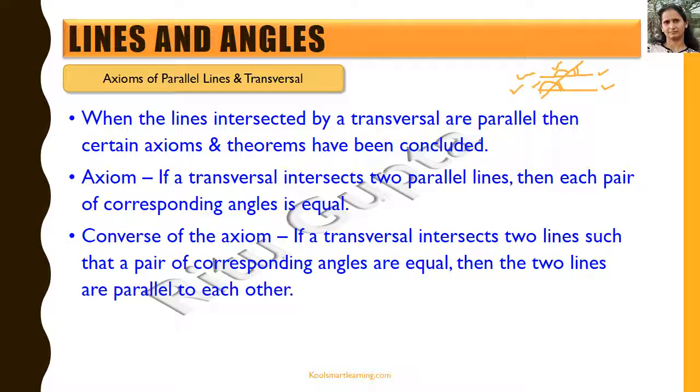This means the corresponding angles will always be equal when a transversal intersects parallel lines. That is why this is an axiom which does not require proof. And the converse of the axiom is, if a transversal intersects two lines such that a pair of corresponding angles are equal, then the lines have to be parallel.